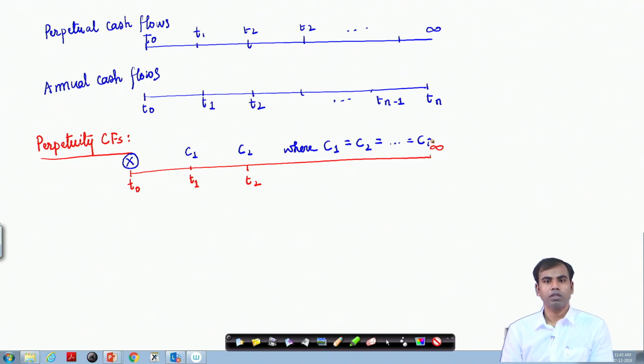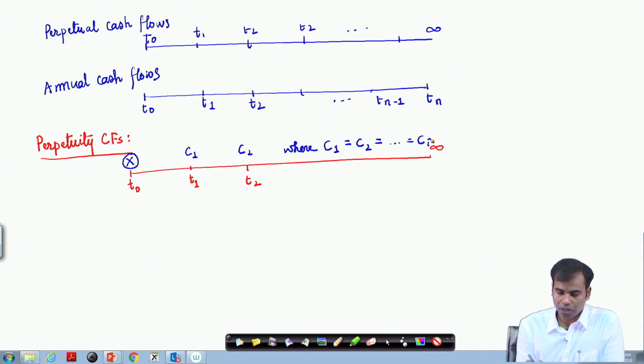So, in the college the alumnus desires to set up a scholarship that will be given to the topper of the batch every year for a certain amount of money, and that amount of money is, let us say, C. So, the scholarship amount is C and the amount of money that has to be invested needs to be found out. So, how do you calculate that? Now, let us get through this example.